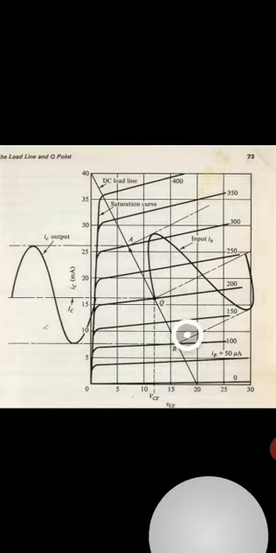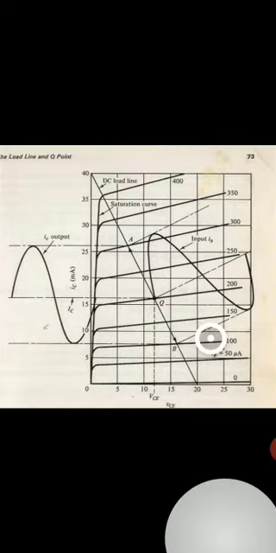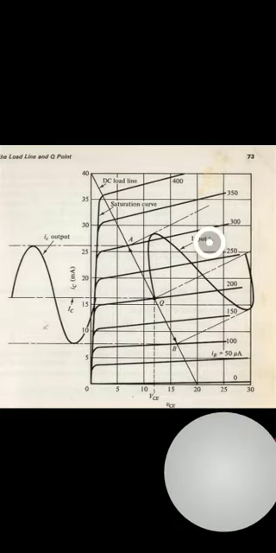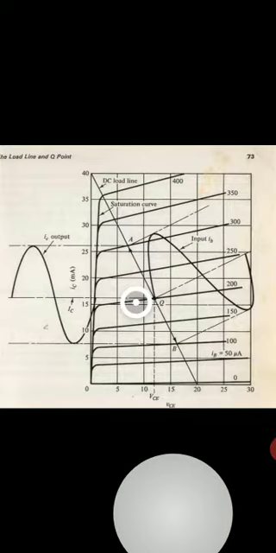In this diagram, there are many values of IB, for example, 100 microampere, 150 microampere, 200 microampere, 250 microampere, 300 microampere. IB is very small compared to IC, but IB is decisive for determining the Q point. Here Q point lies on IB equal to 200 microampere.